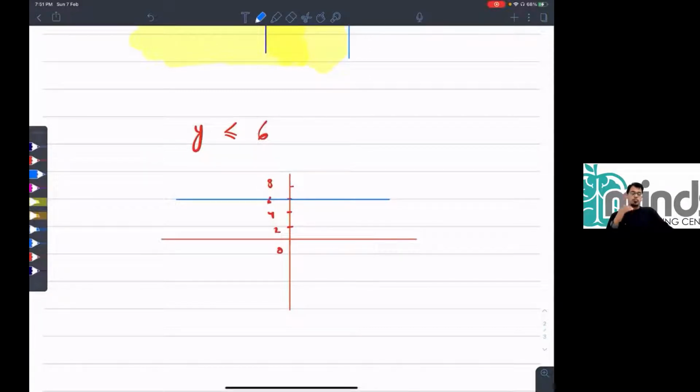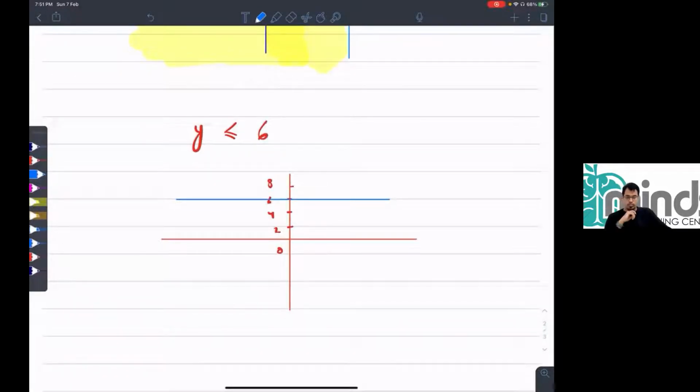Now the region says y is less than or equal to 6. So what does it mean? Which region am I talking about, above the line or below the line? You people decide. How many of you think it is above the line? Those who think it is above the line, raise your hand.